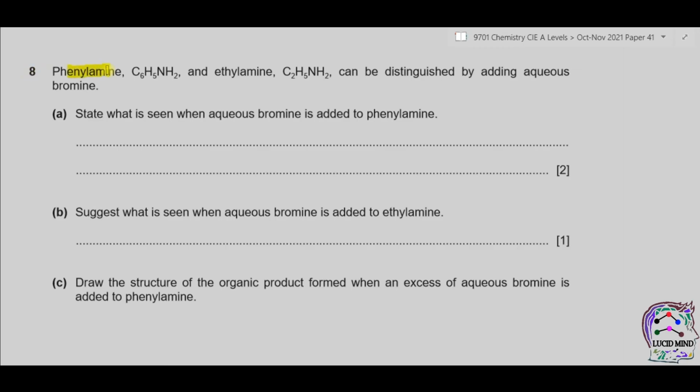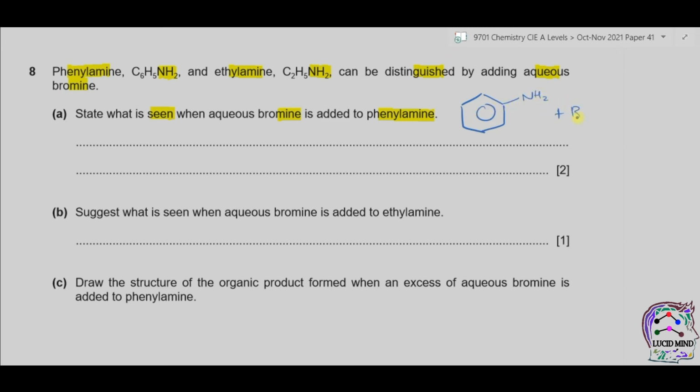Question 8. Phenylamine, C6H5NH2, and ethylamine, C2H5NH2, can be distinguished by adding aqueous bromine. Part A, state what is seen when aqueous bromine is added to phenylamine. In phenylamine we have a benzene ring and NH2 is attached.